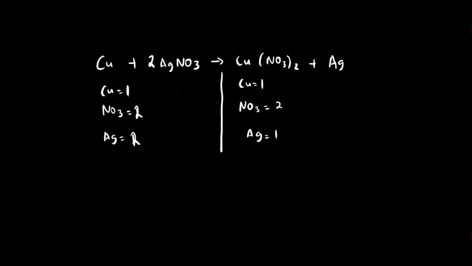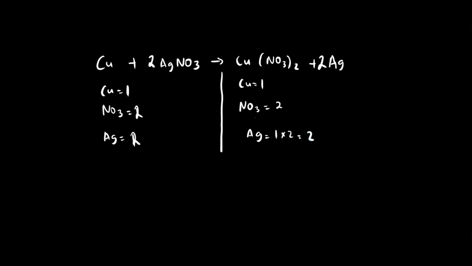The coppers are still balanced, there's no issues there. The nitrates are now balanced. We have 2 on the left, 2 on the right, but the silver is not balanced, so we need to balance the silver. Again, least common multiple of 2 and 1 is 2, so we need a coefficient of 2 in front of the silver on the right hand side.